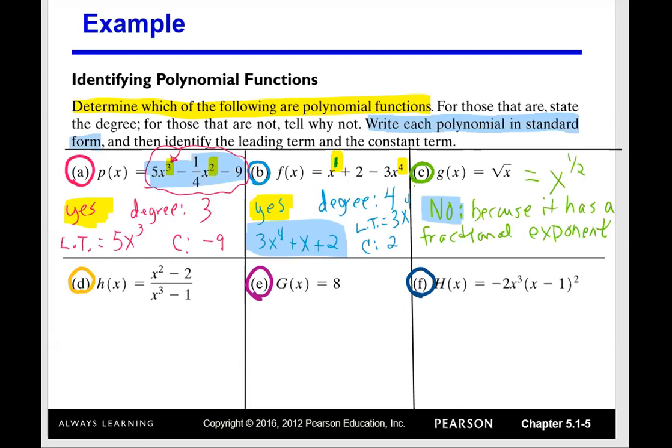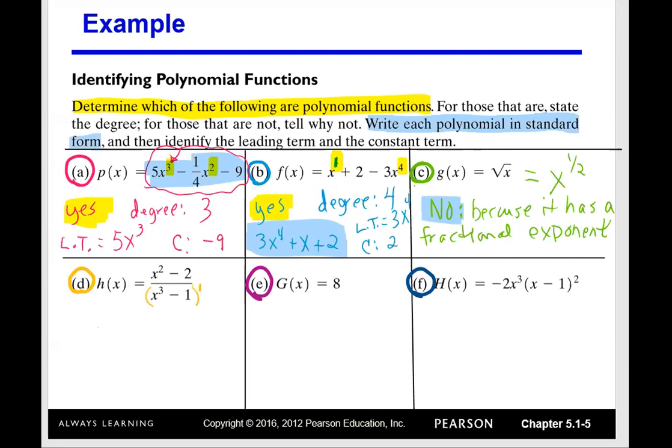So, and then H, I did in a lovely yellowy color. That also is not a polynomial because you've got an x in a denominator. I know the x's both have positive exponents on it, but technically this down here is to the first power.